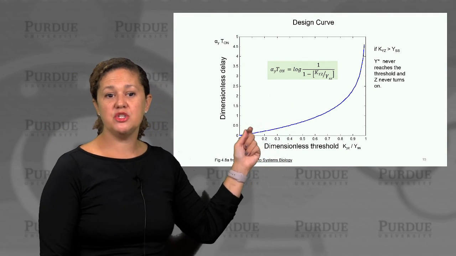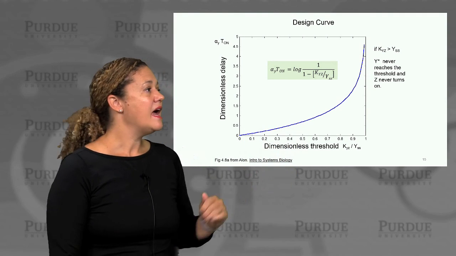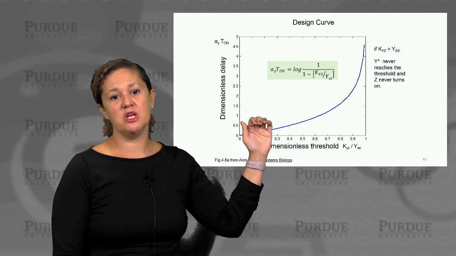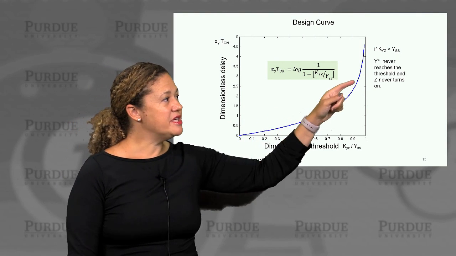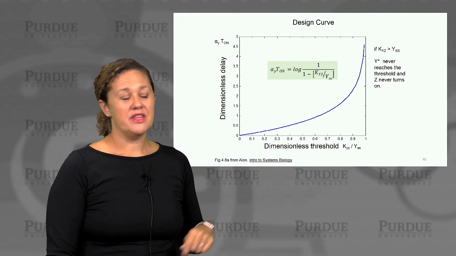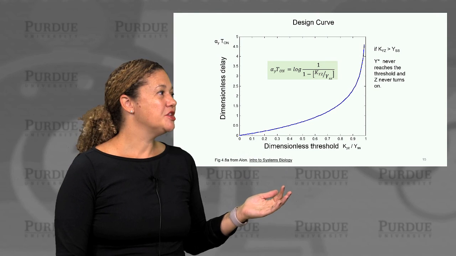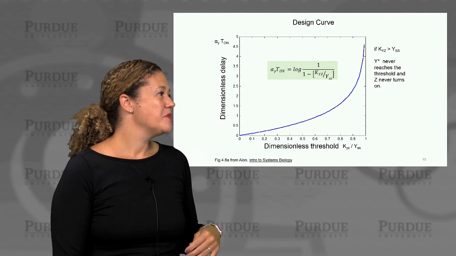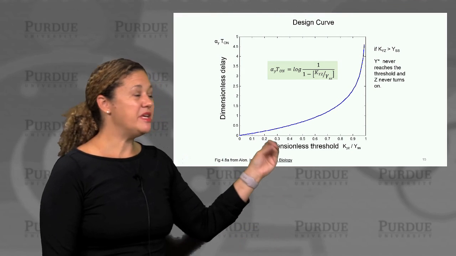If we want to tune our delay, this is our curve that tells us how our tuning parameters will allow us to get the delay that we want. And if we notice, if KYZ gets bigger than our steady state value, Y star will never reach the threshold, right? So Z would never turn on. So that would be an important parameter.